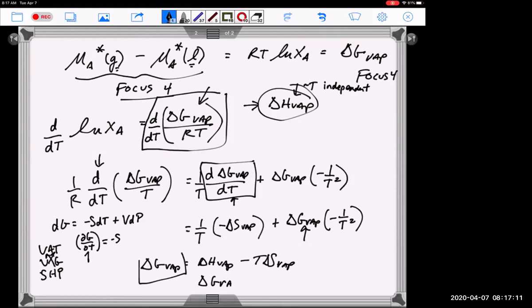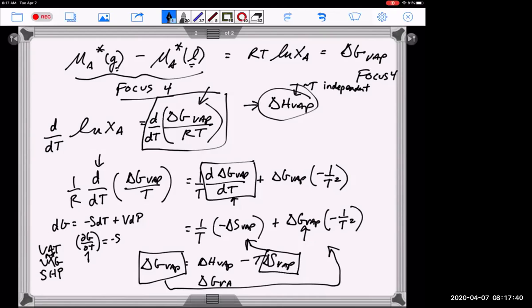So we have delta G of vaporization, and I mean we could do two things. We could solve for delta S of vaporization and plug it into here, or we could take the delta H of vaporization and plug it into there, right? Either approach is going to incorporate delta H of vaporization into the equation.